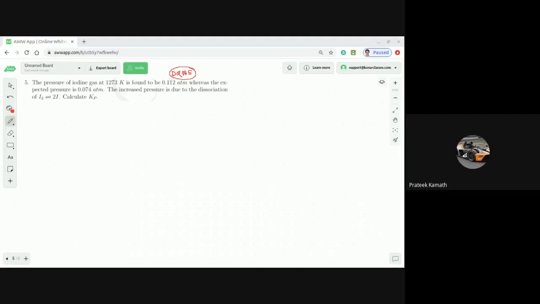Yes, sir. What is the unit of KP? Sir, atm square. Correct. You got my point. Tejas, you said atm. Yes, sir, atm square. Okay, Shrestha, you didn't get it, so let me share the solution with you.